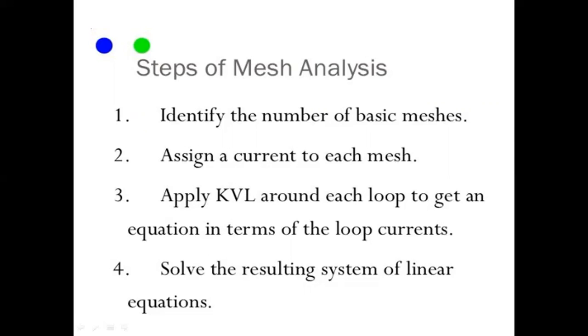Second one is assign current to each mesh, so you have to assign a particular current for every mesh. Then apply KVL around each loop to get an equation in terms of the loop currents. And the fourth one is solve the resulting system of linear equations.